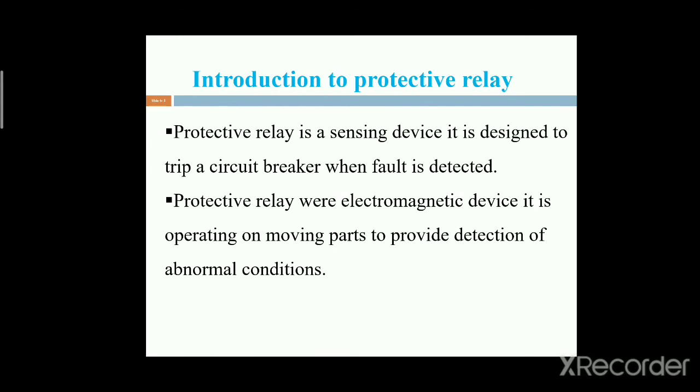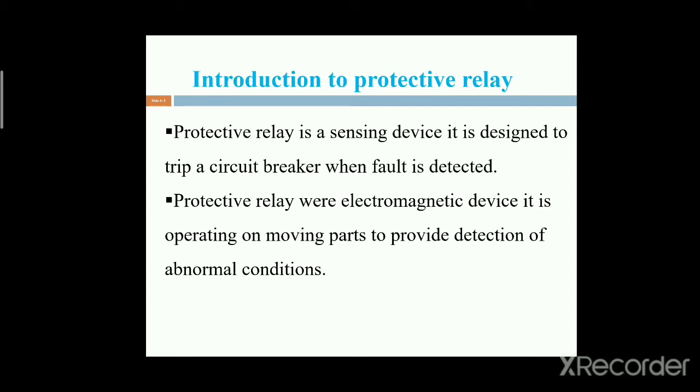Next is the introduction to the protective relay. What is meant by the protective relay? It is an electrical device designed to initiate isolation of a part of an electrical installation, or to operate an alarm signal in the event of abnormal or faulted conditions.